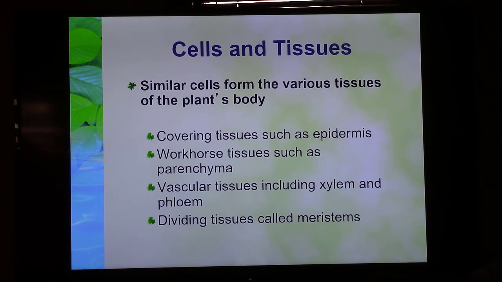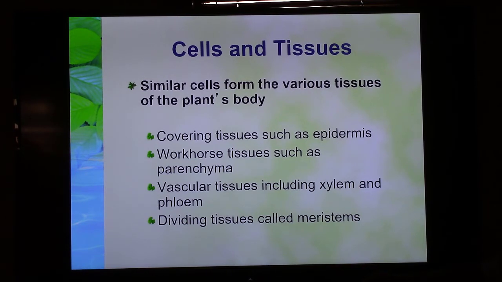Vascular tissue, remember whether you had vascular tissue or you didn't was a thing. So vascular tissue in your body, that was like arteries and veins. But in plants, the words are xylem and phloem. And we're going to learn those two words. Xylem up, phloem down. Xylem up, phloem down.